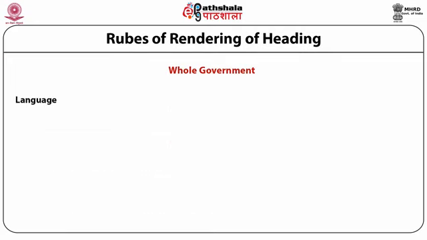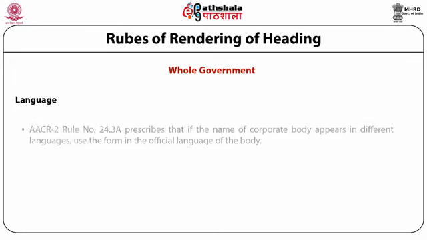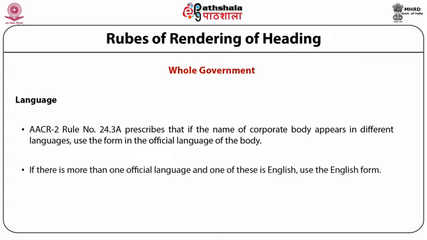Language of the name of the government. AACR 2R rule number 24.3A prescribes that if the name of a corporate body appears in different languages, use the form in the official language of the body. If there is more than one official language and one of these is English, use the English form.